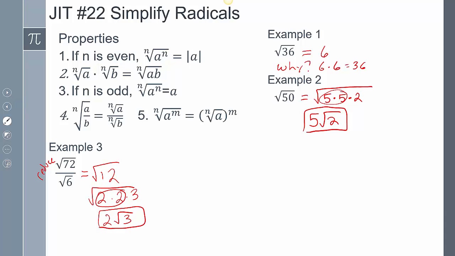And then if we wanted to, I could look at this as the nth root of a to the m, or you take the nth root first and then to the m power. So this one you look at the power first and then you take the nth root of all of that. This one is saying, let's do the nth root first, and then you can take it to the power. So sometimes that helps us in reducing if we have to, by looking at it in either of those ways.